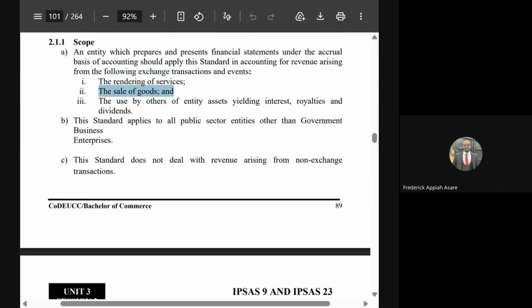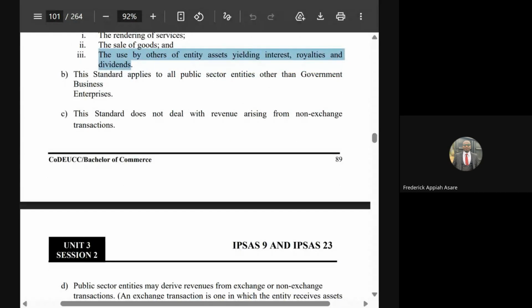The sale of goods, that is when the local government is selling goods to get money, also falls under the IPSAS 9. Then the use by others of entity assets yielding interest, royalties, and dividends. So if you hire something, and you use it to generate interest or royalties, then it's also under the scope of the IPSAS.